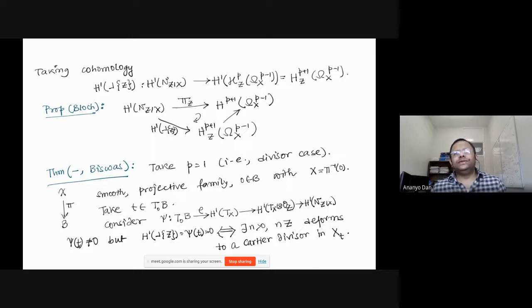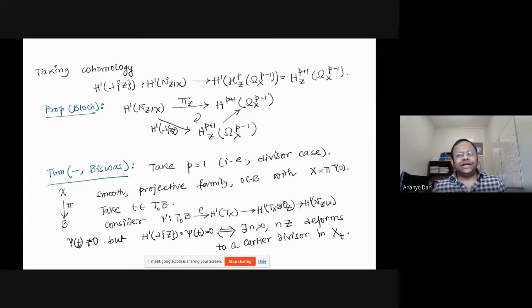The easy way of thinking about it is that cohomology takes an injective resolution, then takes the global sections, and then takes the cohomology.